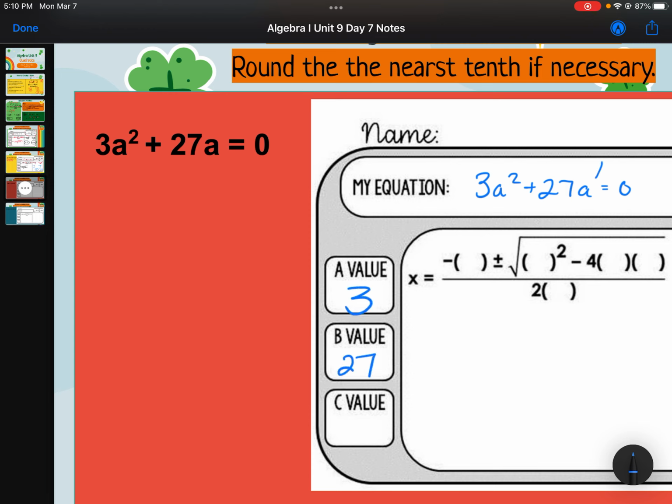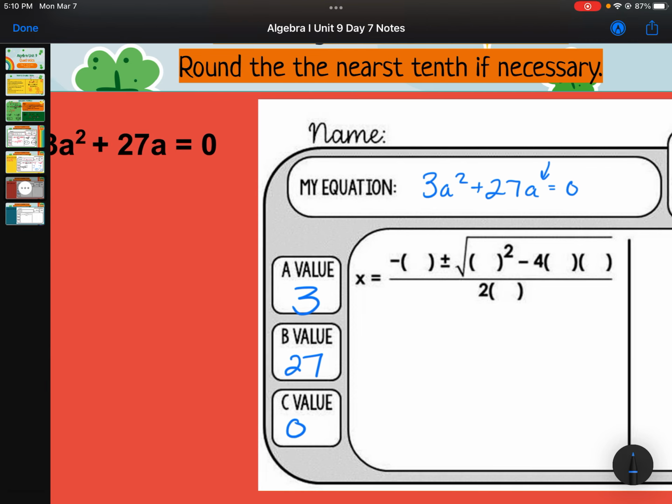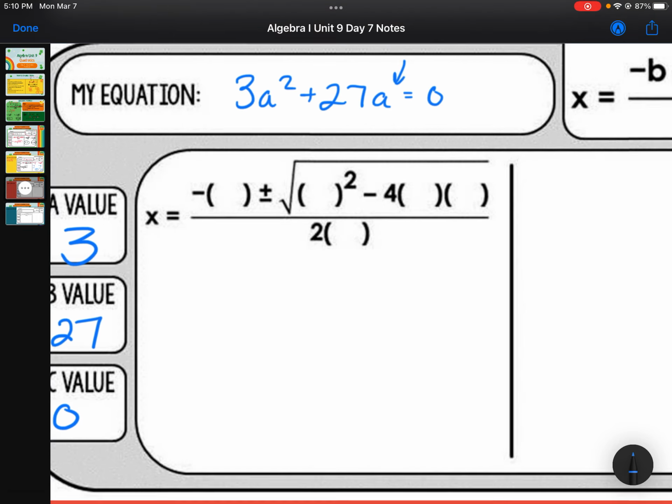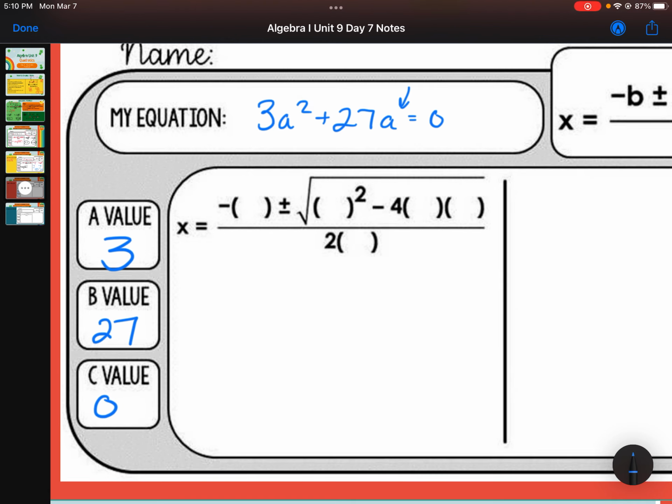C, I don't have a constant back here, so c would be 0. So let's plug that in. Negative, and then our b. Plus and minus. B squared, 27 squared, minus 4 times a, which is 3, times c, which is 0, all divided by 2 times a, which is 3.